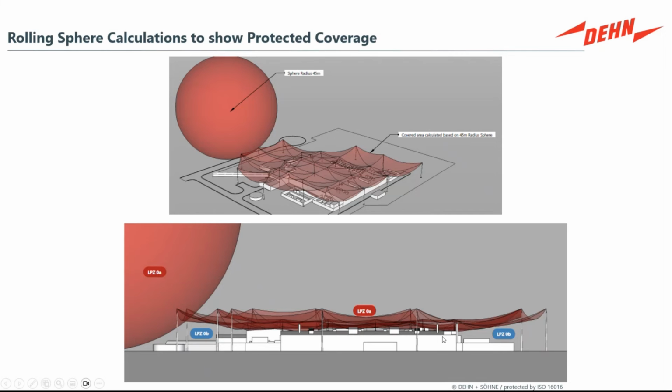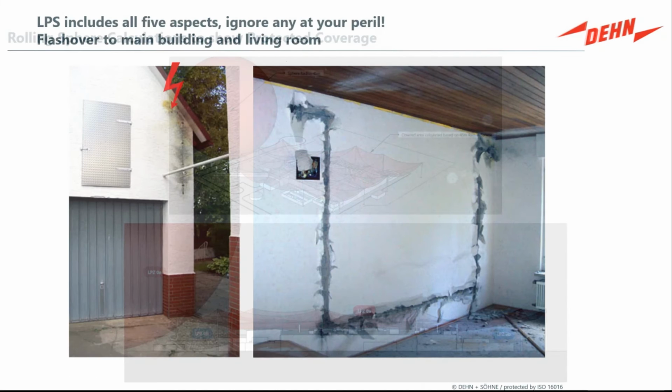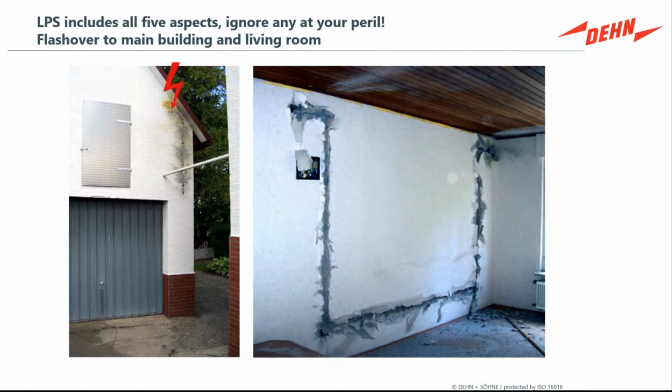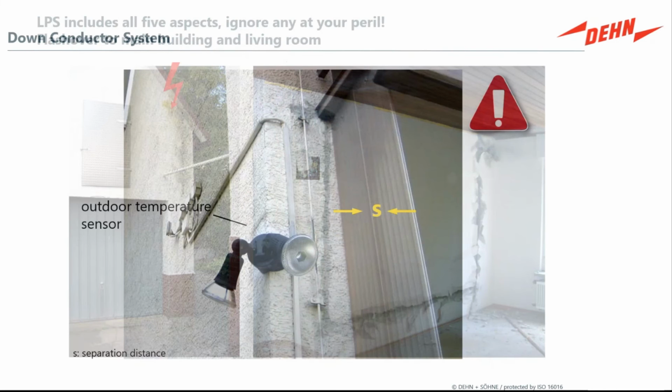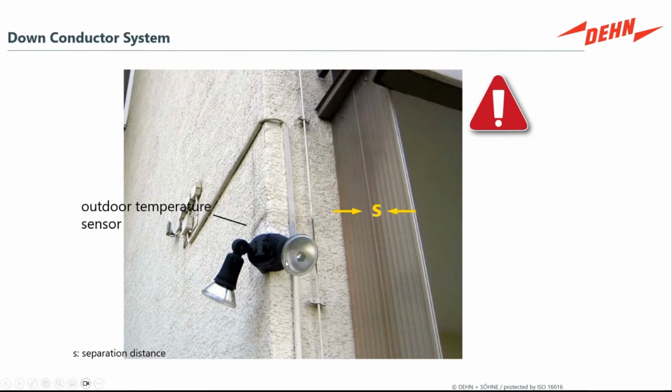And of course, what we're trying to avoid is lightning damage. In this case, it's not even from the direct strike. This is the flashover from the direct strike. Even if you had a lightning protection system, if the lightning conductors are too close to the electrical systems, if proper surge protection is not applied, if the bonding distance is too close, or if separation is not considered, you can have flashover from the down conductor.